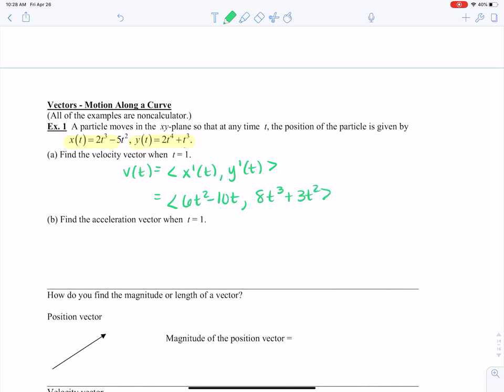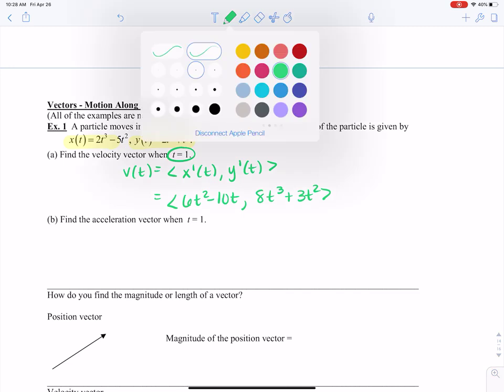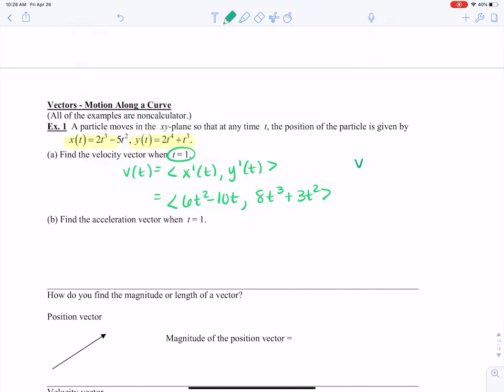It then asks me to find it at t equals 1, so notationally, v of 1 is equal to 6 times 1 squared minus 10 times 1, comma, 8 times 1 cubed plus 3 times 1 squared. Plugging those in, we should get negative 4, comma 11. So this is your velocity vector at t equals 1.